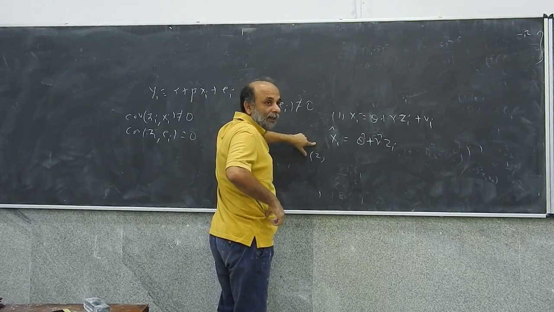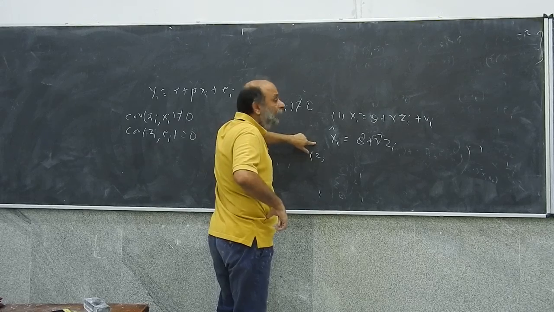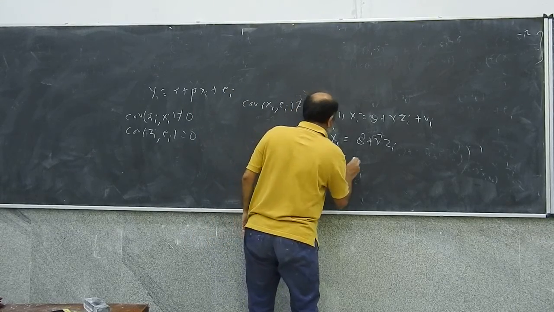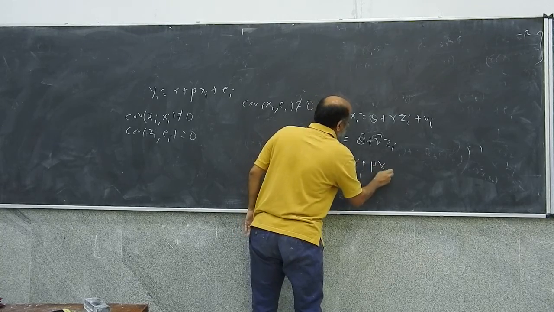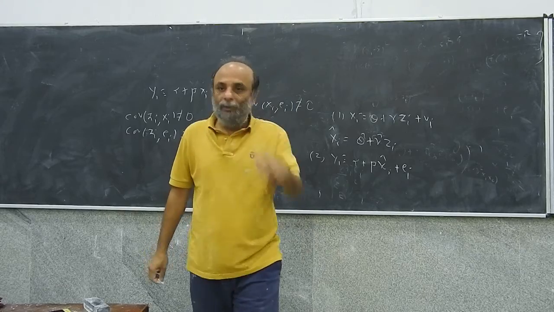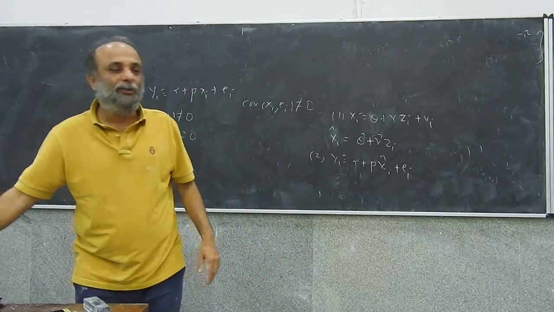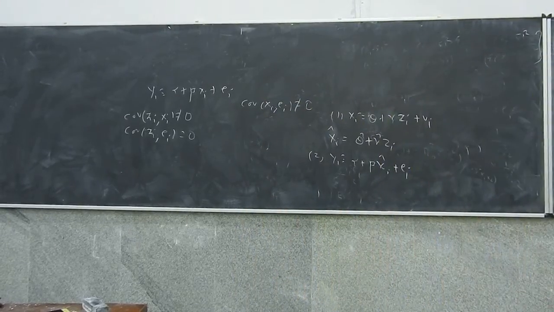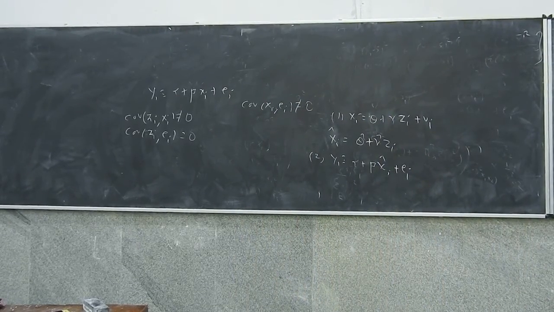Instead of xi, use x hat i to estimate beta. So the second regression is yi equals alpha plus beta x hat i plus error, and obtain standard OLS estimates of alpha hat and beta hat.